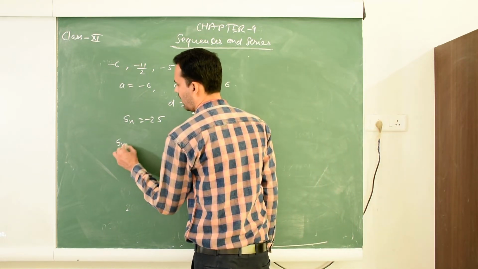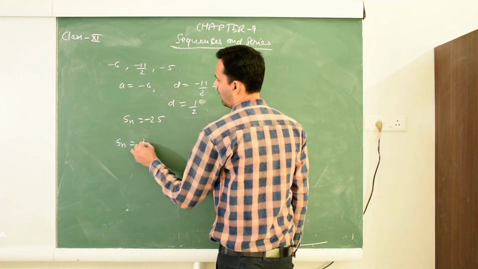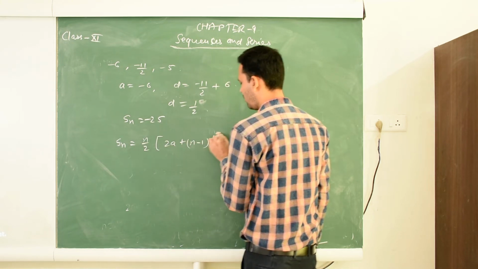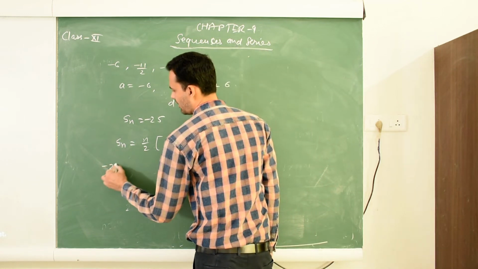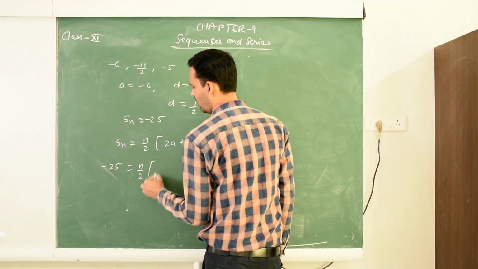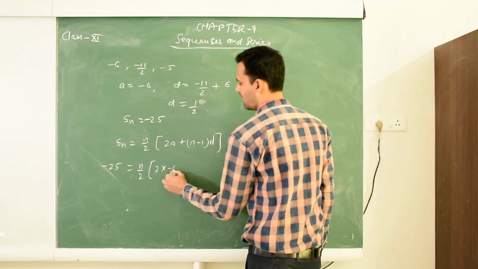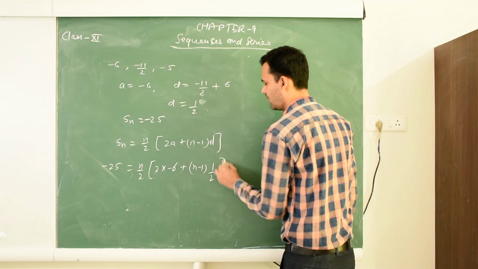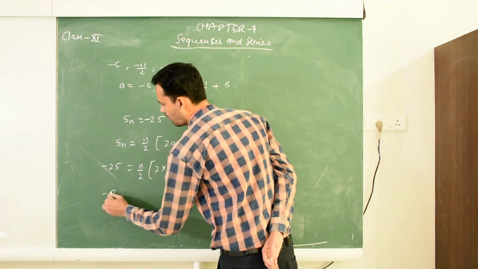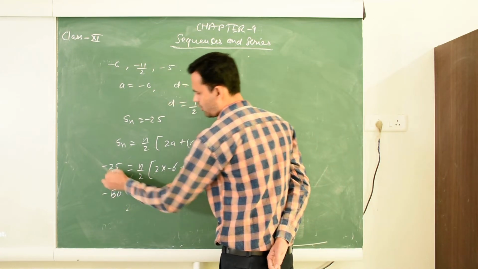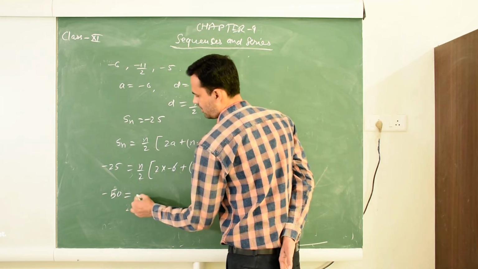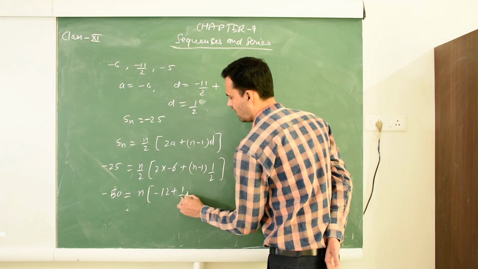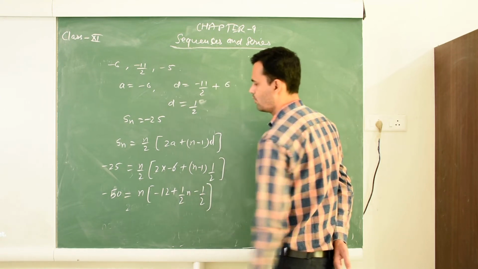So first we have to find the value of n. Sn equals n by 2 into (2a plus (n minus 1) into d). The value of Sn is minus 25, so n by 2 into (2 into a, which is minus 6, plus (n minus 1) into 1 by 2). So minus 50, multiplying the 2 on the LHS, equals n into (minus 12 plus (n minus 1) by 2).